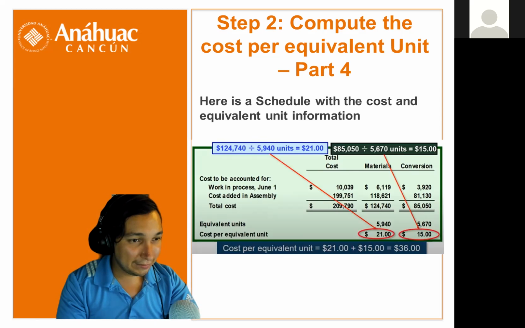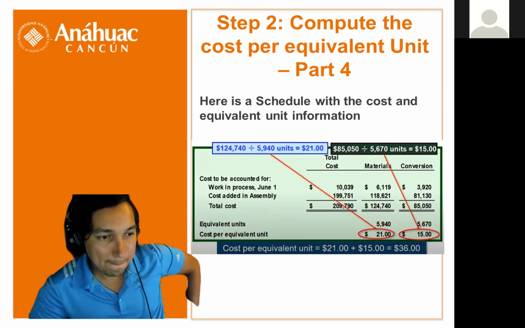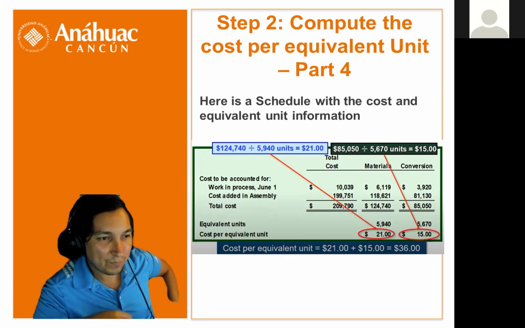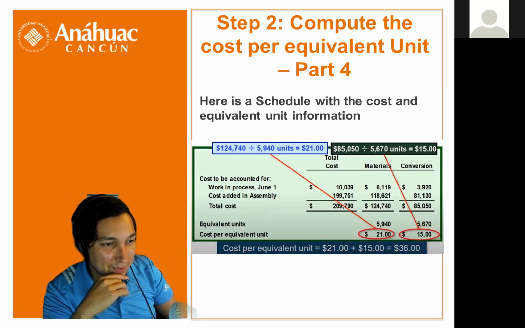Do you agree? Yes. What I did, just for fun, to see if it would give the same result, is I found the average between the 5,940 and the 5,670, which I guess is what we're getting to with the weighted average. I got 5,805, and then divided 209,790 by that number.